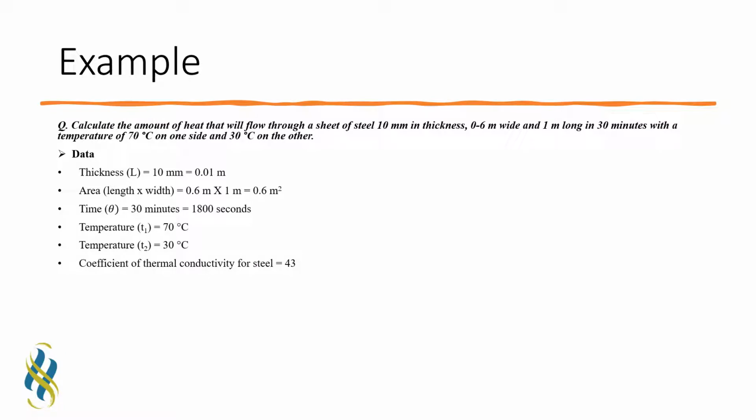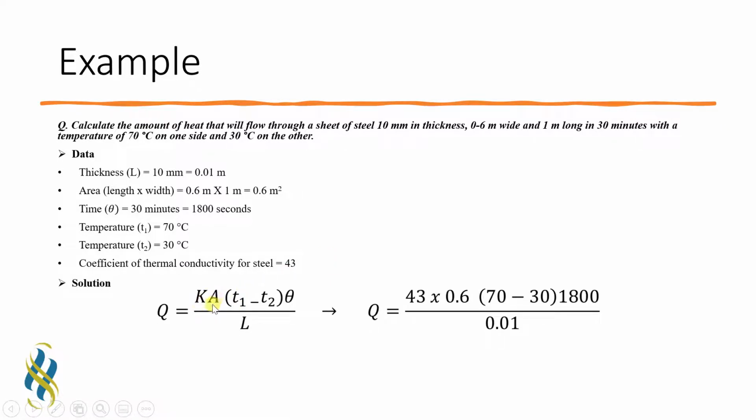Coefficient of thermal conductivity for steel is 43 watt per meter Kelvin. So let's put these values into the equation, which is Q = K A (T1 minus T2) theta over L. Here it is expressed in this way: coefficient of thermal conductivity is 43 multiplied by 0.6 meter square, which is the surface area of steel, and then the temperature difference, the high temperature minus lower temperature, 70 minus 30, multiplied by the time, which is 1800 seconds, and divided by the thickness of the steel sheet, which is 0.01 meter.